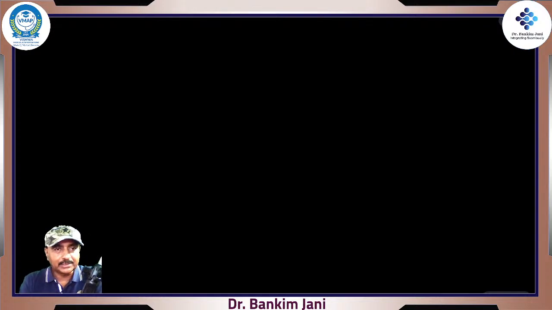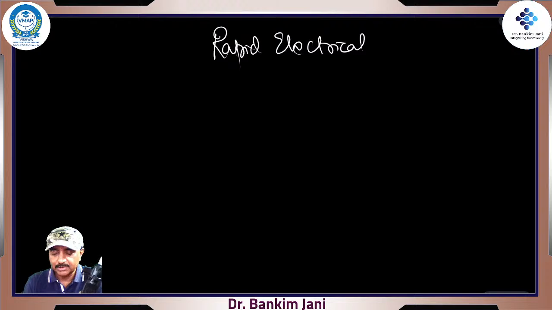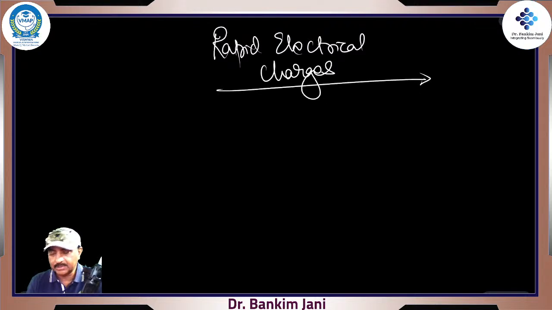When we say action potential, we have to understand that it is simply rapid electrical charges or discharges which are constantly flowing, and they propagate from cell to cell to cell.